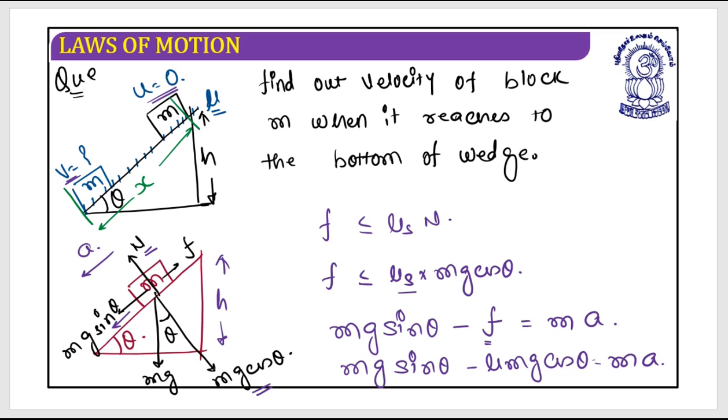Suppose the question is: a certain velocity u, not equal to 0, is given, and they ask what the final velocity v should be. Or suppose they give the final velocity as 0. What you need to do is the same thing.